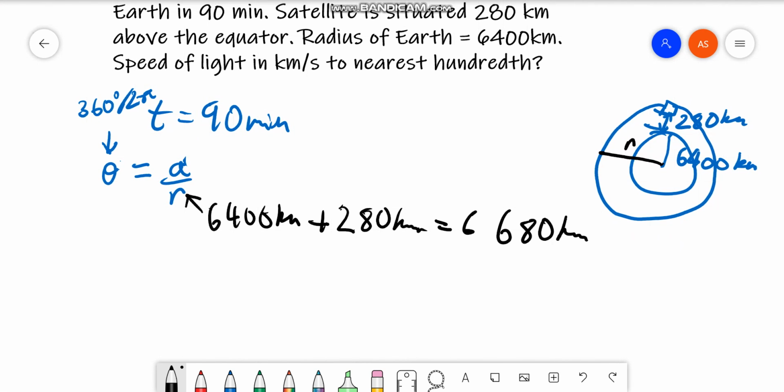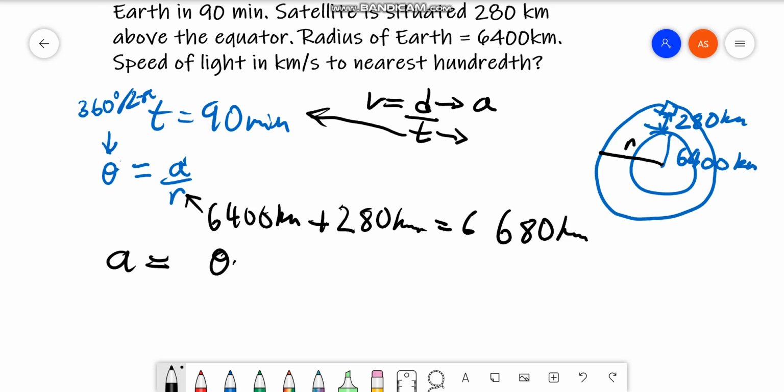They want us to find the speed. The formula for speed is distance over time. The distance is A, which we don't know, and the time is given to us. So if we want to find A, we go theta times R. Theta is 2 pi, and the radius is 6,680 kilometers.